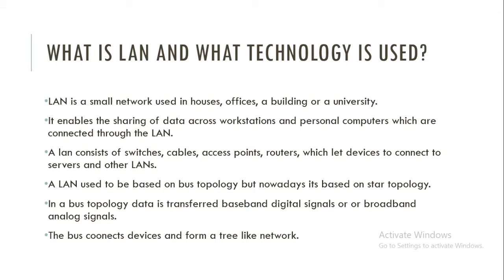LAN used to be based on bus topology, but nowadays it's based on star topology. In a bus topology, data is transferred with baseband data signals or analog signals. We have two options. The bus connects devices and forms a tree-like structure network, you can say.